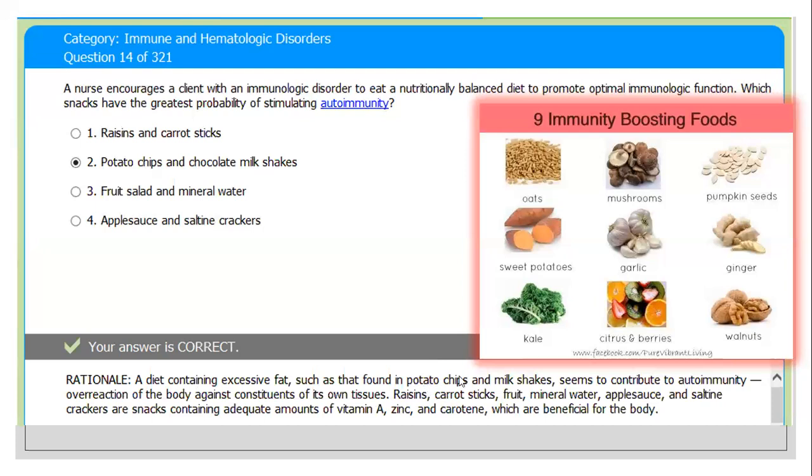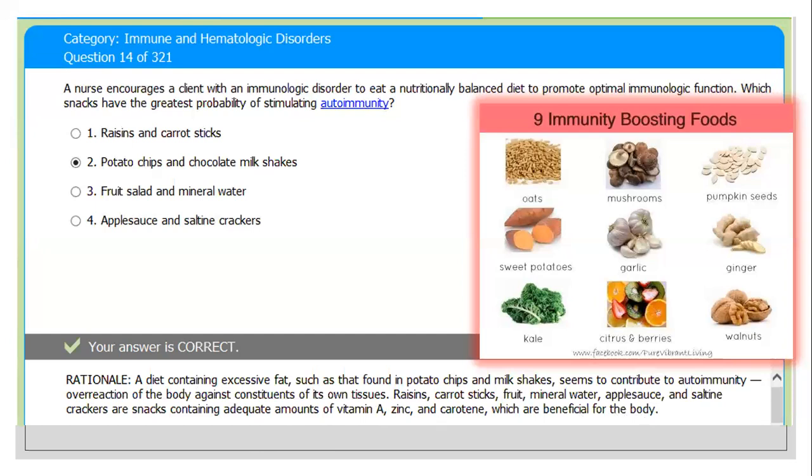Raisins, carrots, fruits, minerals, and crackers are snacks containing adequate amounts of vitamin E, zinc, and carotene, which are beneficial for the body.